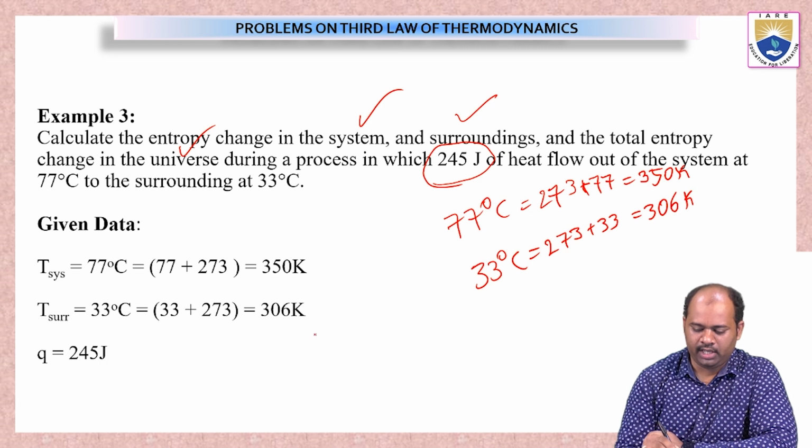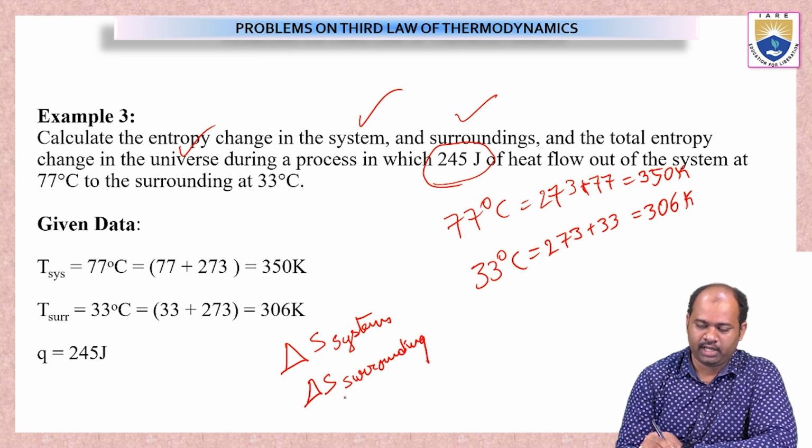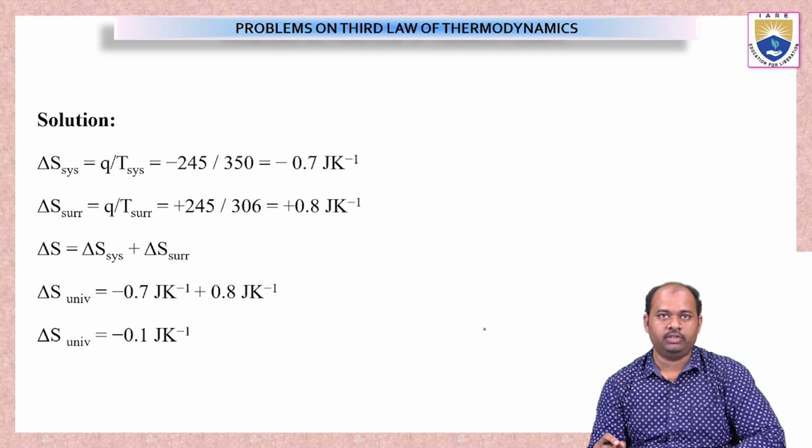We have to calculate three values: the entropy change of the system and the entropy change of the surroundings. By using these two values, we can simply calculate the entropy change in the universe. So these three things we have to calculate. Now we'll go into the question.